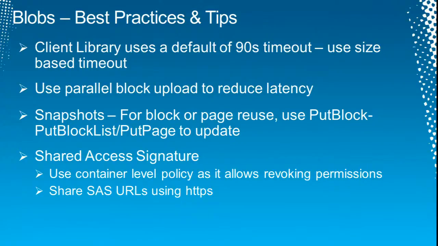There's a 1 hour time limit when you try to use that second method on the expiry. So for 1 hour, anybody can access your blobs, and they can write, delete, depending on the permissions you've given. So use the container access policy so it allows you to revoke. And while sharing these pre-authenticated URLs, share it as securely as possible.